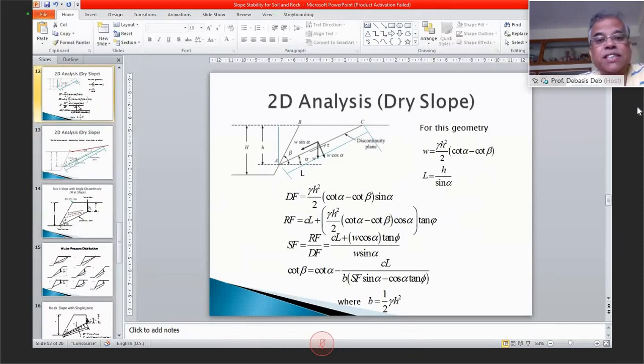So far we have discussed the dry slope with a flat surface, and a joint plane that has cut h meter below, small h meter below, with a dip angle.